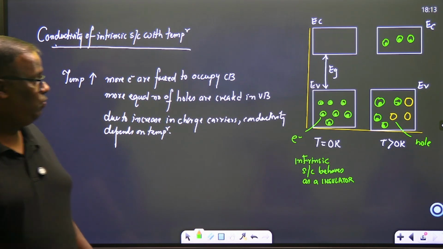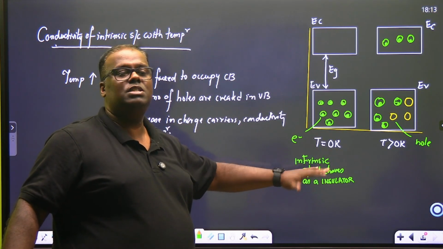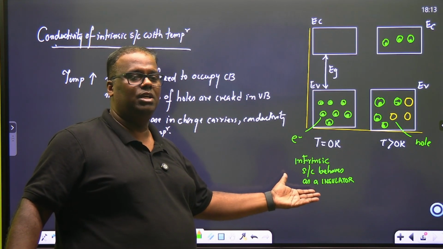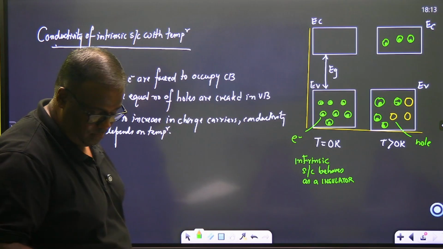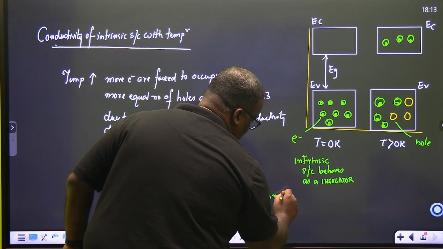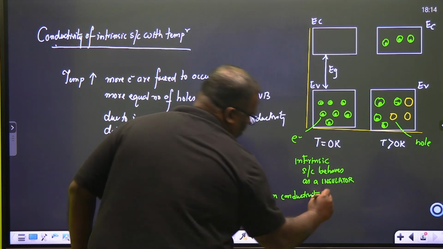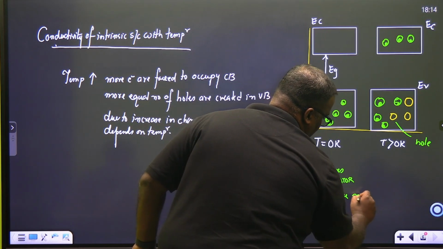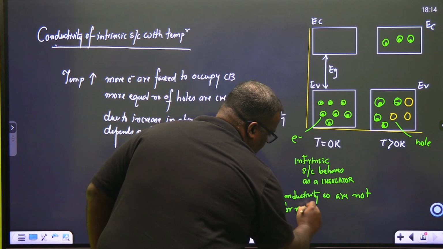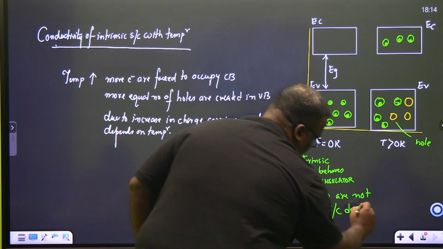That means if you are doing any operation at extremely low temperature, an intrinsic semiconductor is not of use to me, because it behaves like an insulator. Low on conductivity, so they are not used for making semiconductor devices. This is of no use for us.